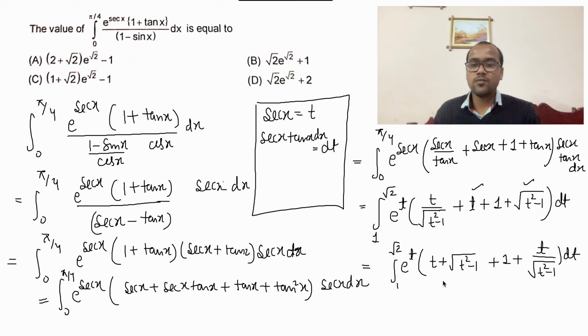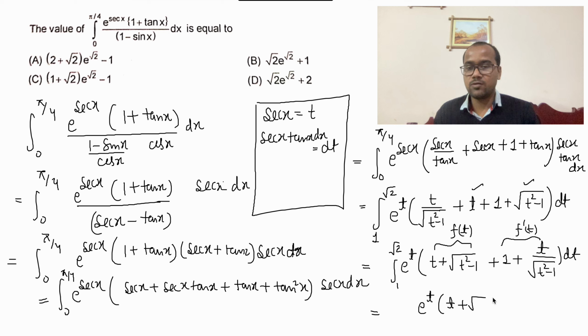So now we can say this is the function of t, and this is its derivative, f dash (t). So the integration of this can be written as e to the power t into f(t), so this is t plus under root t square minus 1, and the limits are 1 to under root 2.